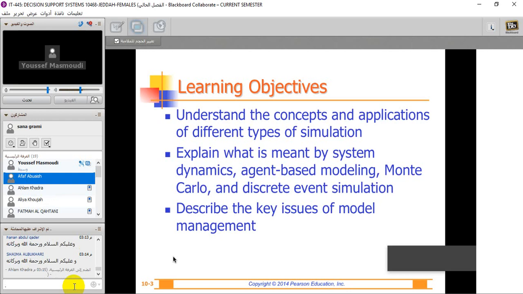Let's say that we have 50 cars coming from this way, and 20 cars coming from this way, and 5 cars from this way, and 7 cars from this way. So let's see what happens if we put 10 seconds here, 20 seconds here, 30 seconds here, and 5 seconds here. Okay, you will simulate and you will see the results. So this is simulation.